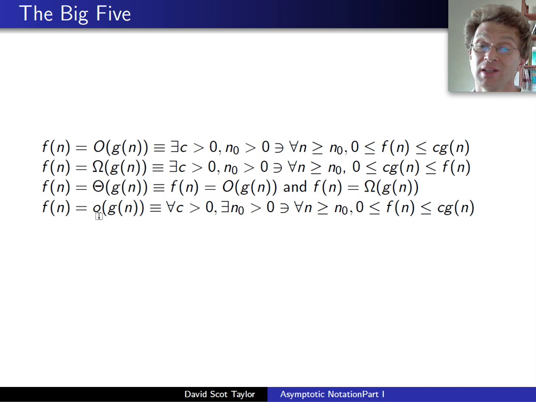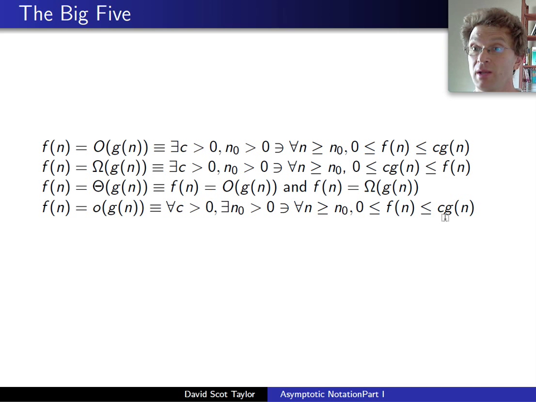When we have little o notation, instead of saying there exists a c which gives us a bound, any positive c will do. For instance, 50n squared is less than or equal to any positive constant times n to the fourth.